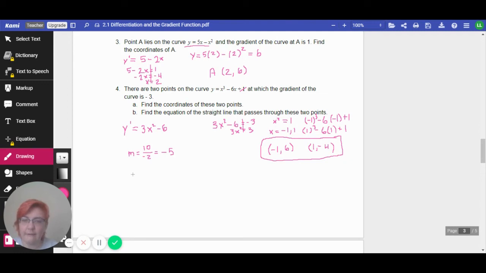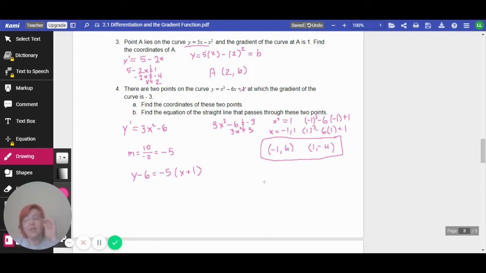So I have y minus the y value is 6 equals my gradient, I'm sorry, this should be called point gradient form, times x minus, my x value is negative 1, minus negative is plus 1.